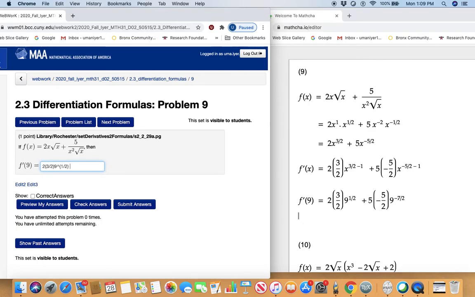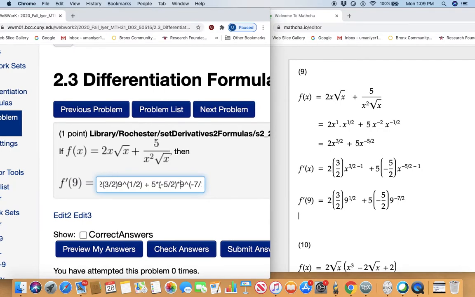That was the first term, plus 5 times negative 5 halves, and then 9 power negative 7 over 2. You can put things in parentheses or write the multiplication notation, so there is no confusion. It's not necessary, but no harm in writing it. So that's it.